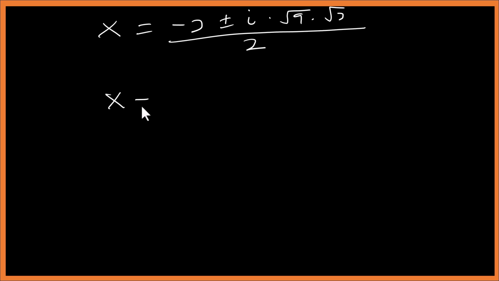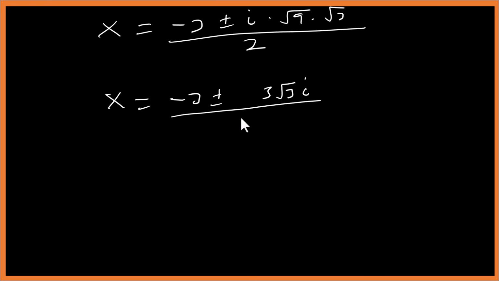The 9 is a perfect square, that will be 3, so 3i, sorry, let me put the i here, the square root of 3.